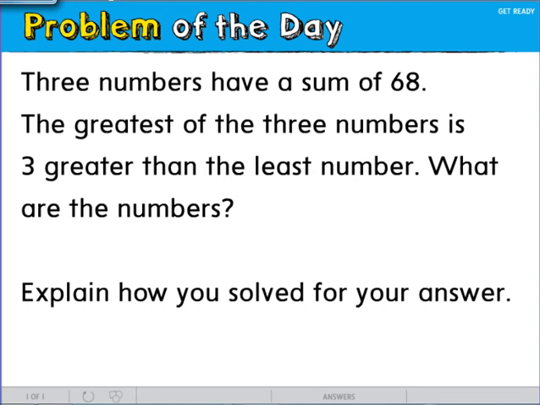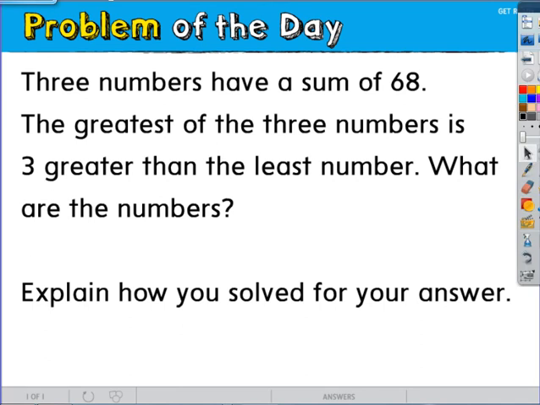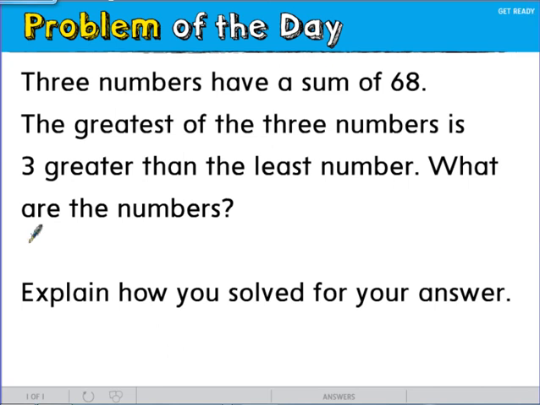So seeing that we have 68 and 3 to work with, the first thing we want to do is take 68 and divide that by 3, which gives me 3 goes into 6, 2, 3 goes into 8, 2, with the remainder of 2.